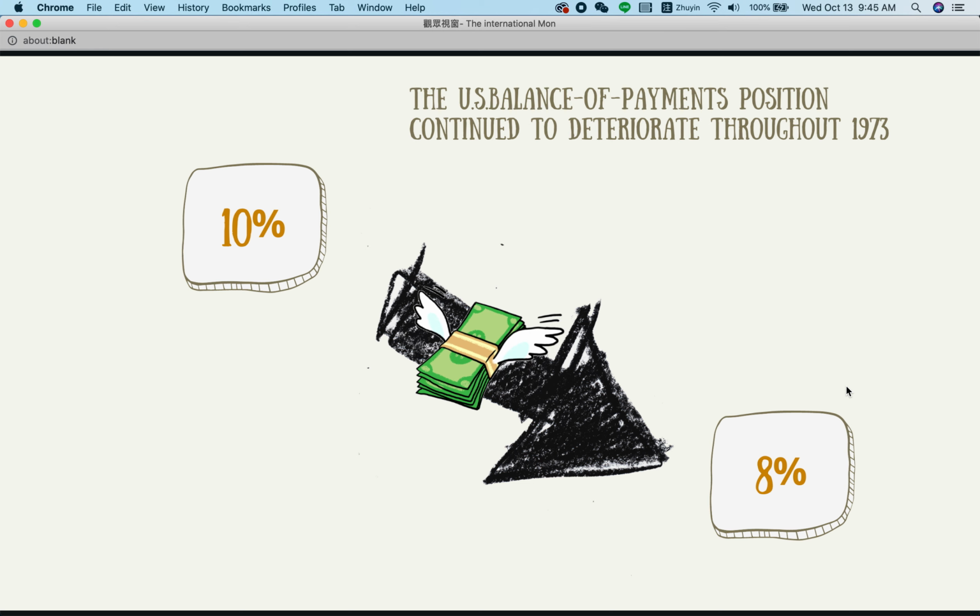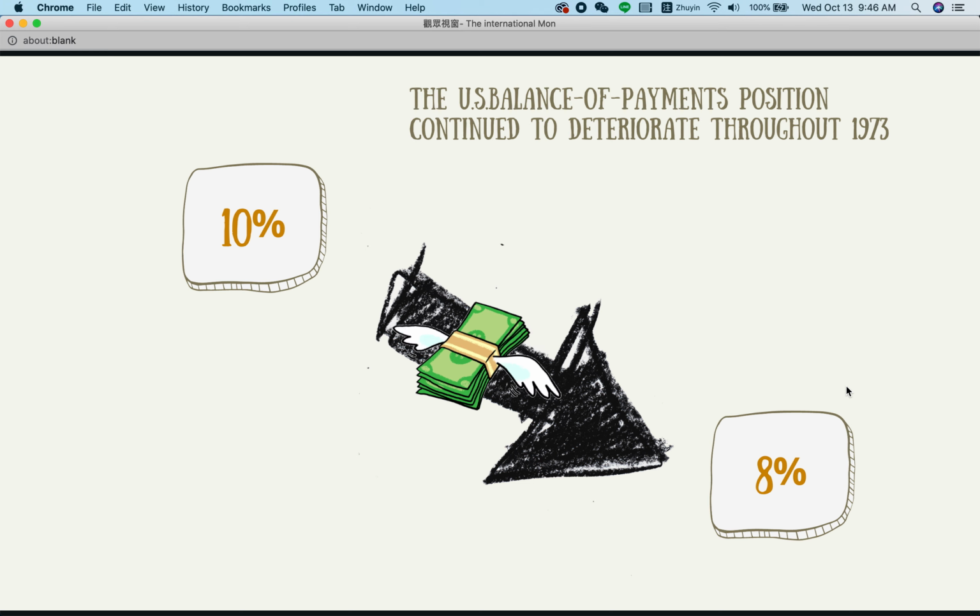And total annual IMF credit, the amount member countries contribute to the IMF, was increased to 41 billion.